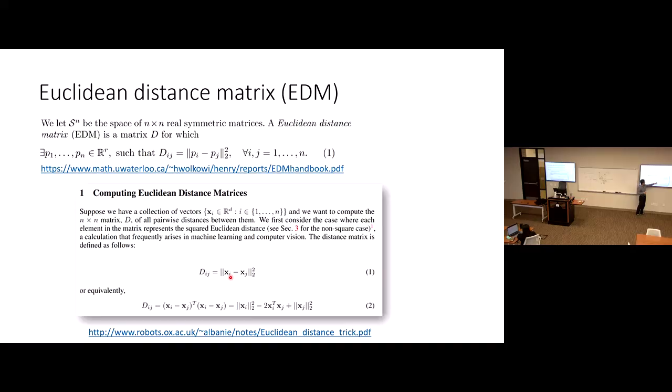And then xi and xj are two vectors you get out of a matrix X. This matrix contains vectors, say x11, x12, x21, x22, xn1.